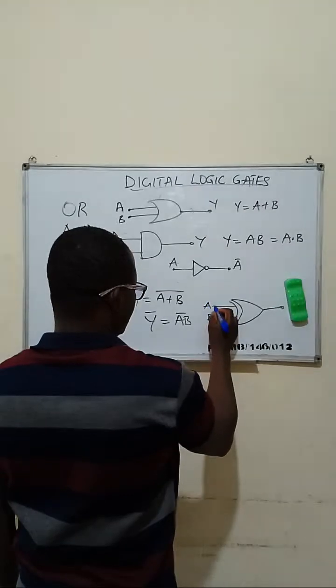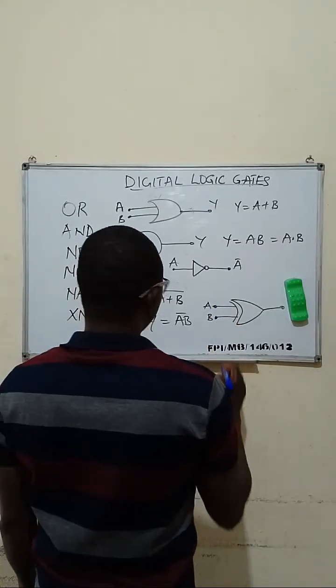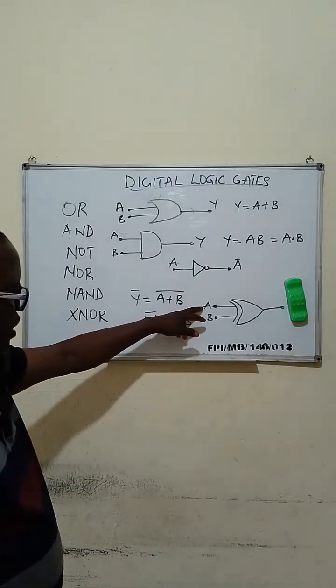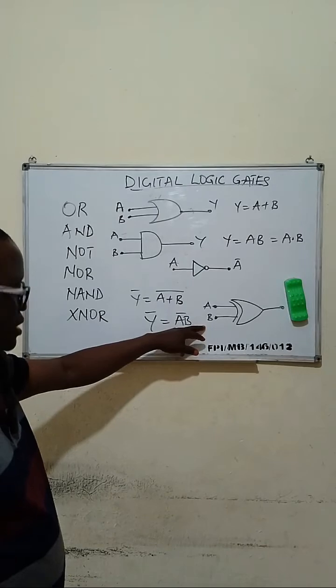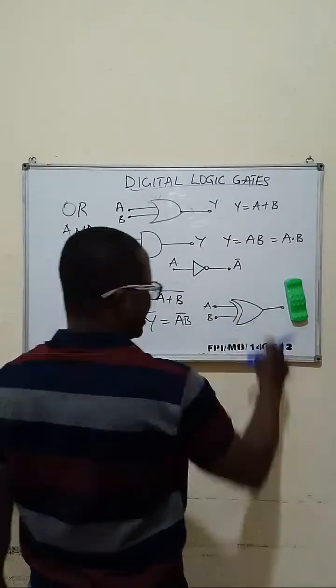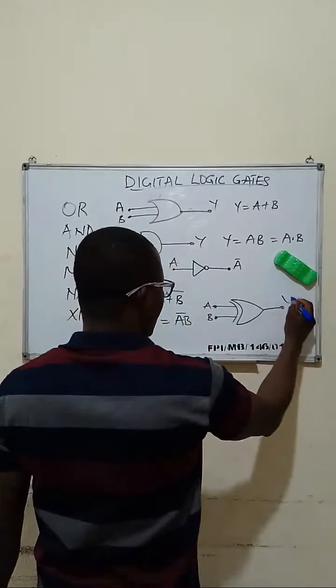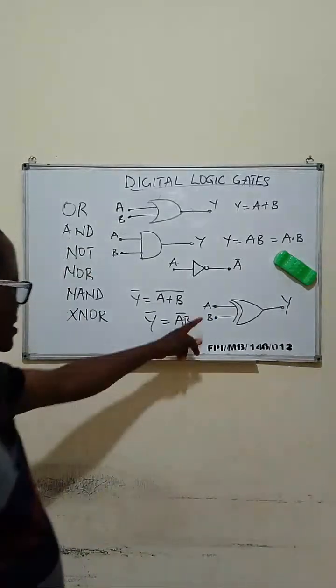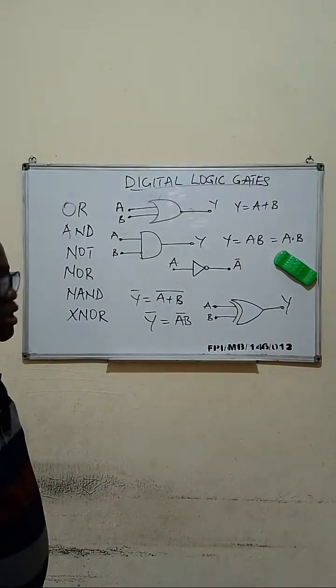And it's a selective gate. It shows that it's only when either A or B is high that we're going to have a high output. We are not going to have a high when both of them are high. That is the function of the gate.